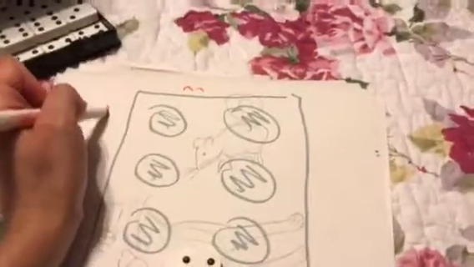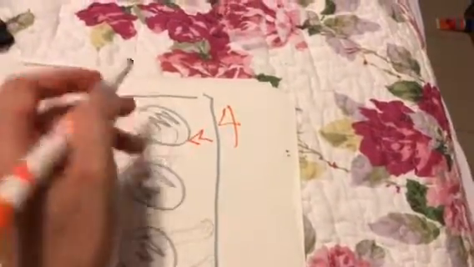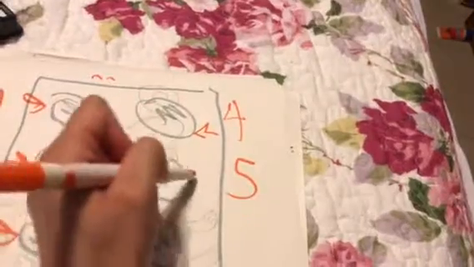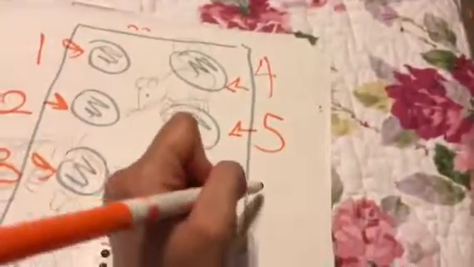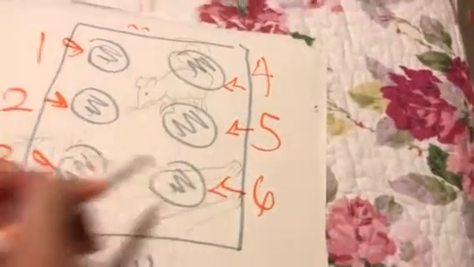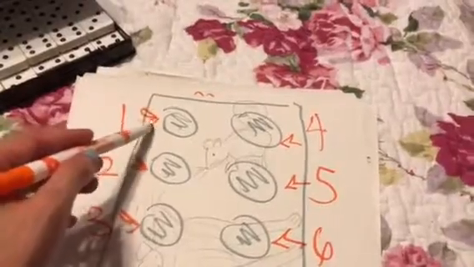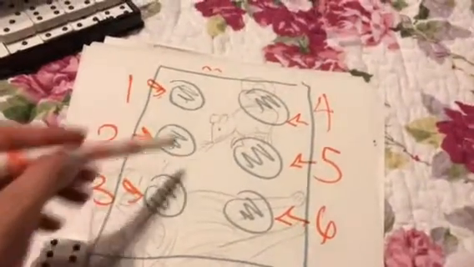So we have 1, 2, 3, 4, yes, I'm a lefty, 5, and 6. Starting from the top left-hand corner, going down: 1, 2, 3, 4, 5, 6.